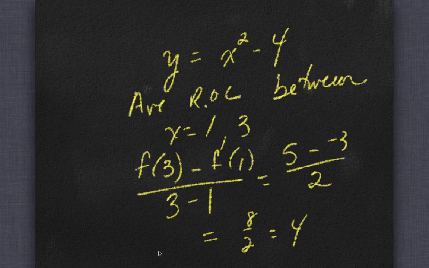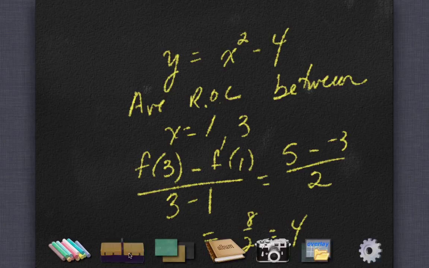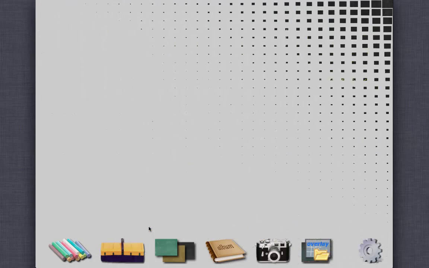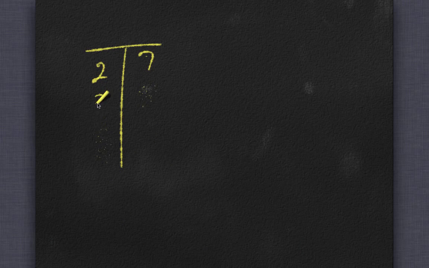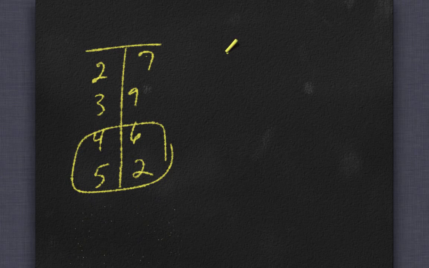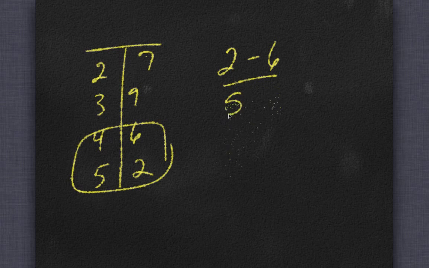You could also just be given a table, but that's still a function, right? Because you still have values mapping to each other. So if you're given a table like that, and you ask for the average rate of change between these two, say, then you would just do 2 minus 6 over 5 minus 4.